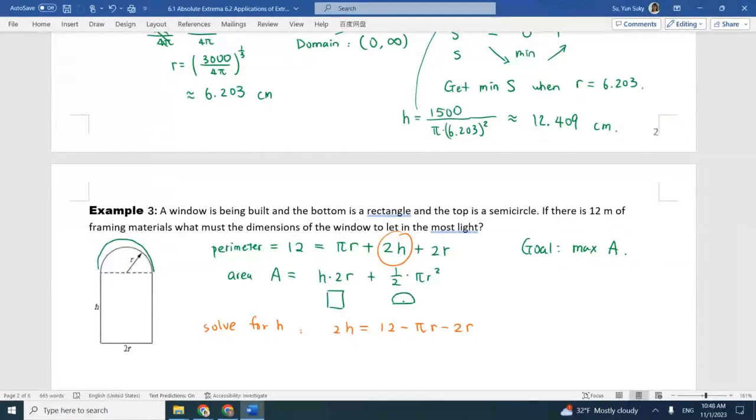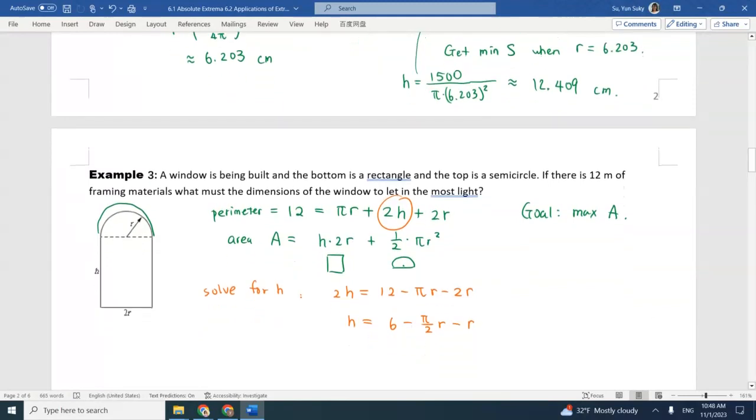You move all the other terms to the other side. So what is h? Both sides divided by 2, right? And what's 12 divided by 2? 6. And then we have pi over 2 r. And the 2r divided by 2 is just r. Right, everybody?